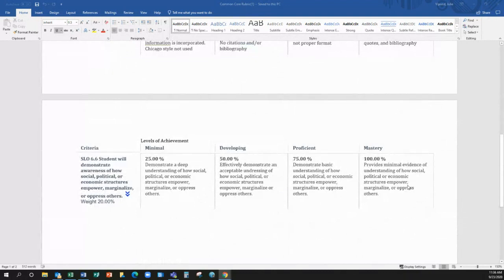And student learning objective 6.6, will demonstrate awareness of how social, political, or economic structures empower, marginalize, or oppress others. So what we're going to look at here is, did you understand the different political platforms, right? Because we're talking about Federalists versus Anti-Federalists. Also the component of slavery, because that definitely oppresses others, right?